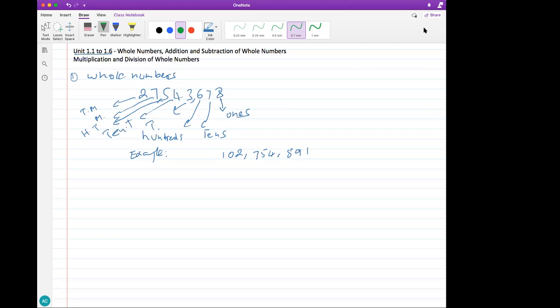We have a whole number here: millions, thousands, and hundreds. So again, the question is, what number is in the hundreds position? From this whole number, what digit? The 8. That's right. It's the 8.